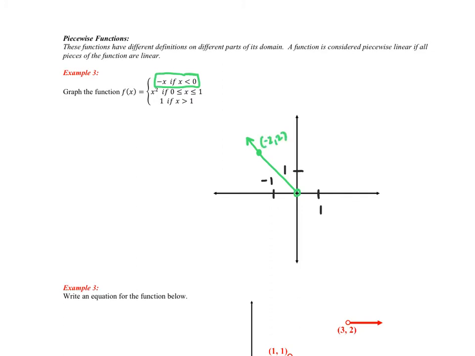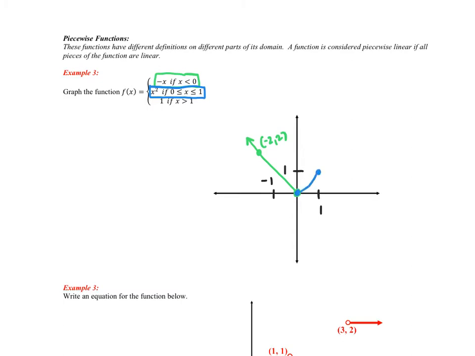And of course, notice I have an open circle here at 0 because we are not including 0 in its domain, at least for that portion. Okay, the second portion of the piecewise would be x squared from 0 to 1. So x squared equals 0 when x equals 0, and x squared equals 1 when x equals 1.